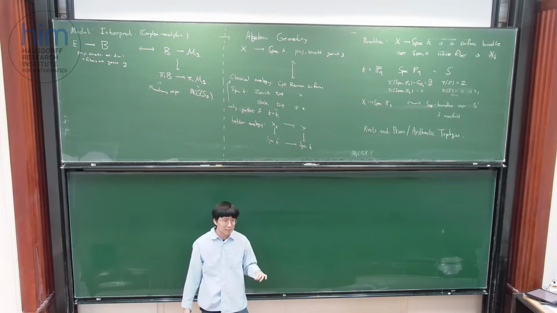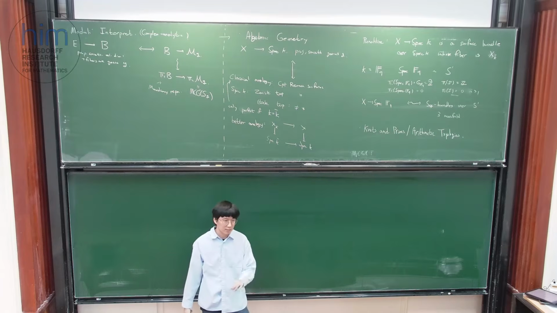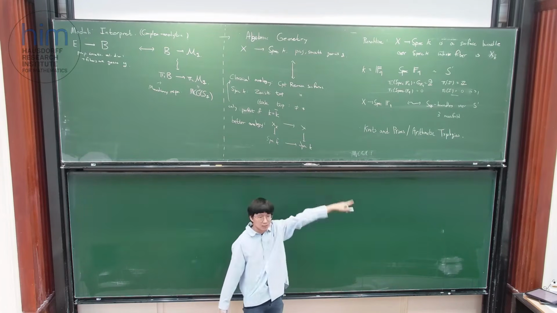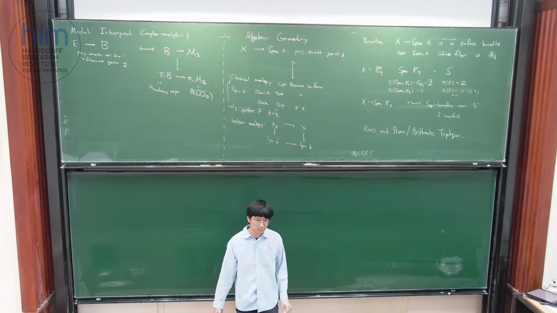In the topological sense, it means that the cohomology of a topological space is equal to the group cohomology of its fundamental group, which holds if B is a K pi 1 space, which is exactly a topological space with vanishing higher homotopy groups. So that fact, that higher homotopy groups vanish, corresponds to the fact that the étale cohomology of spec K is equal to the group cohomology of the Galois group.